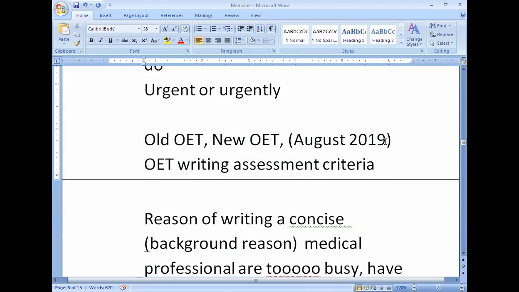Since August 2019, OET has changed their writing assessment criteria. Does any of you know anything significant in the writing criteria that they have changed? I think there is a request paragraph. Yes, in the new criteria, the most important is the purpose.